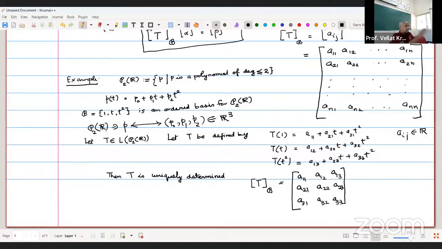So if you use a different basis, you are going to get a different matrix. This is the problem. With the choice of each of the ordered bases, you get a different representation for the same linear transformation.